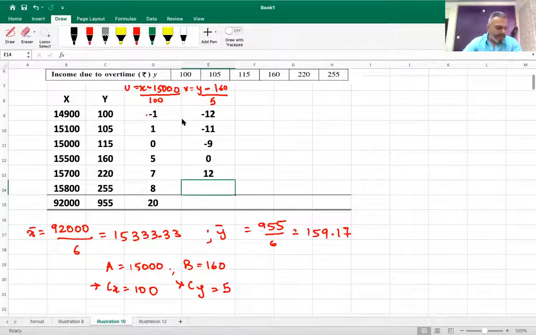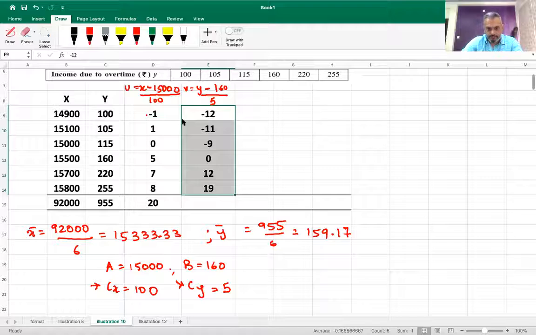And 255 minus 160 divided by 5 is 19, positive. To the totals, what we get is minus 1.